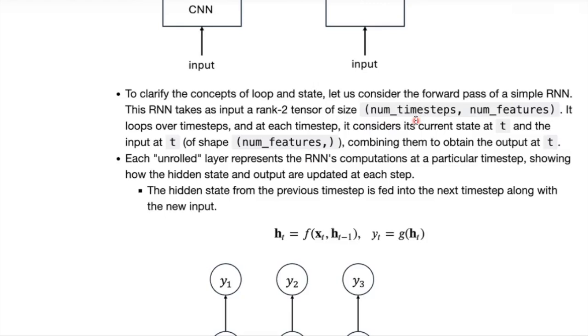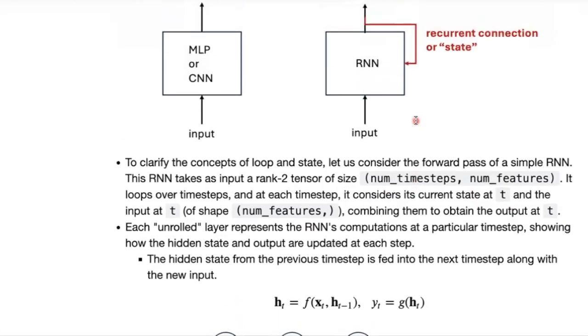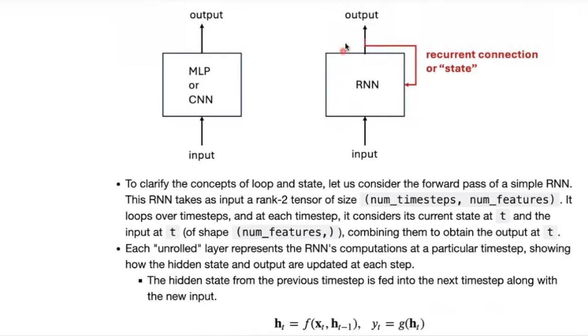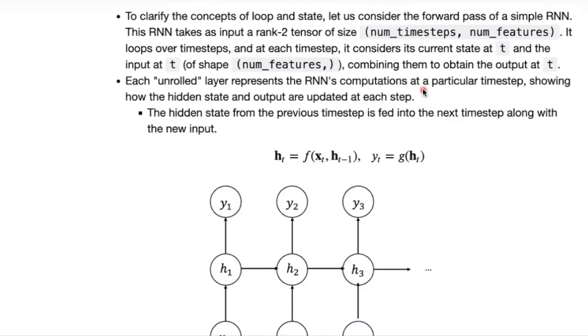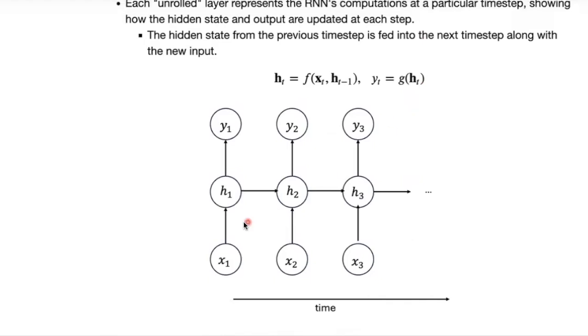In order to understand this, one of the easiest ways is to unroll this network that we have here, using this recurrent connection or state. So how do we unroll this? You can consider the time step or the time axis here. In each time step, you have an input, you have an output, and also there is something called a hidden state.